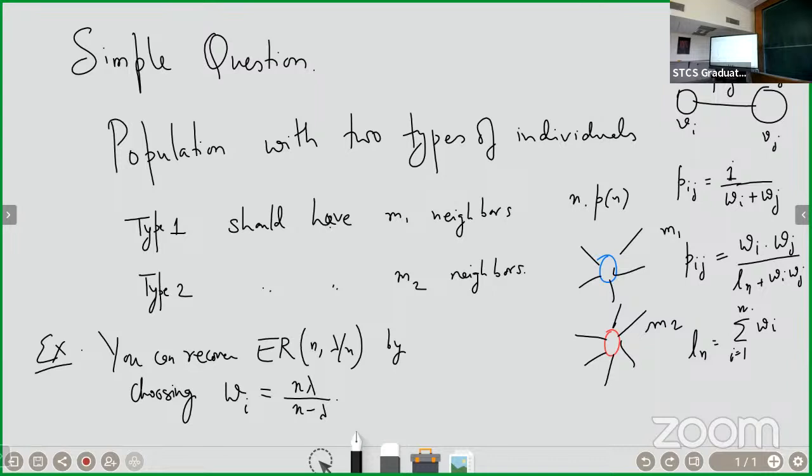What I will do is compute the probabilities of two types, P11 and P12. P11 is between type 1 and type 1 individuals, and P12 is between type 1 and type 2.